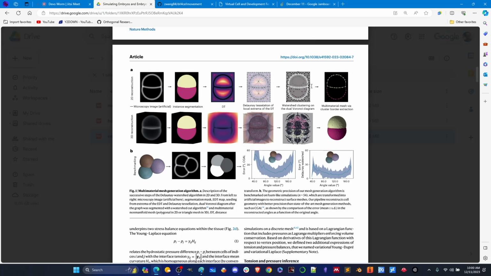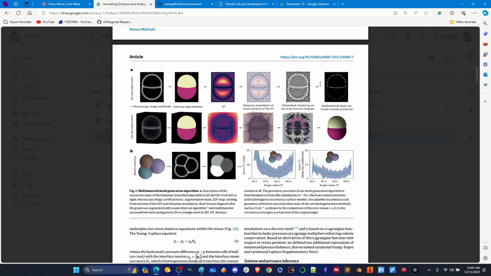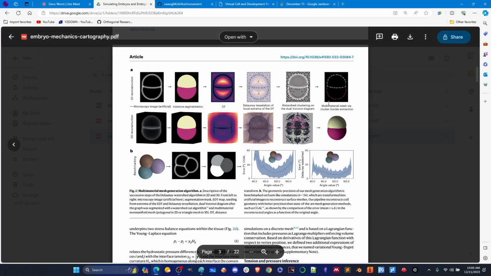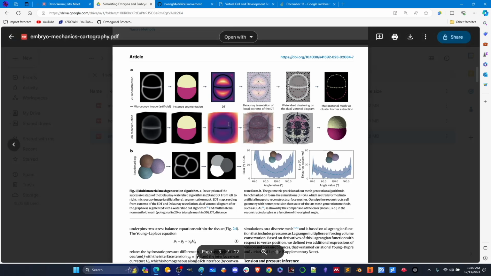They use watershed clustering on a dual Voronoi diagram, so they build a model of the cell, the morphology, and the edges of the cell, and define those as the membrane. Then they have this multi-material mesh by cluster border extraction, so they extract out the membranes. They're extracting out the background, and the membranes in the foreground.